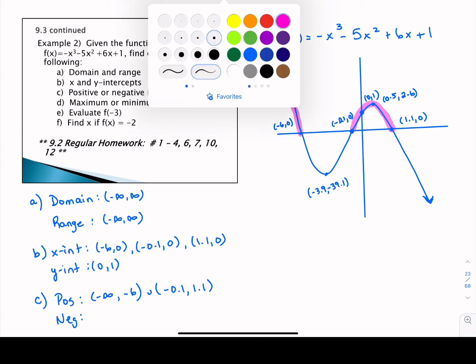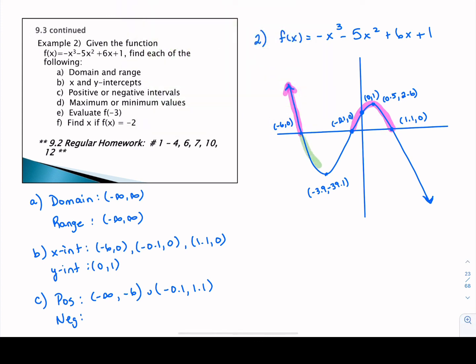If we change color here and we look for negative portions, I see actually two segments of this graph that are also negative. So we again want to describe them using interval notation for x's. This graph is below the x-axis from -6, or that intercept, until it hits the next x-intercept at -0.1.